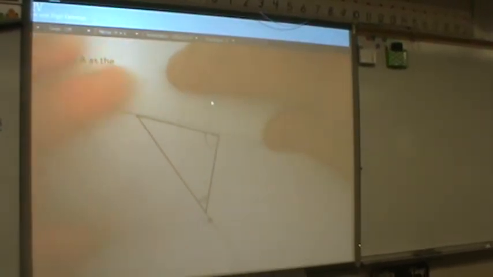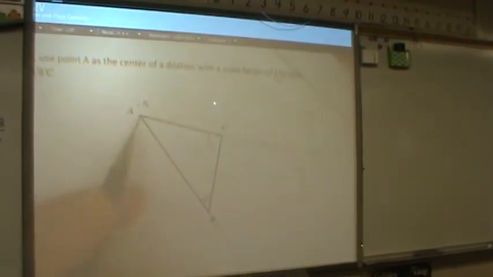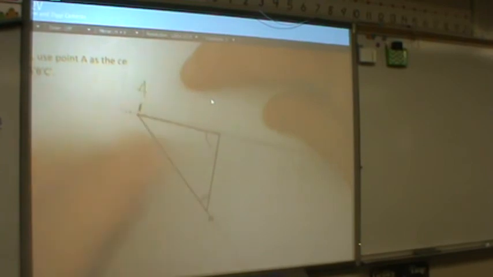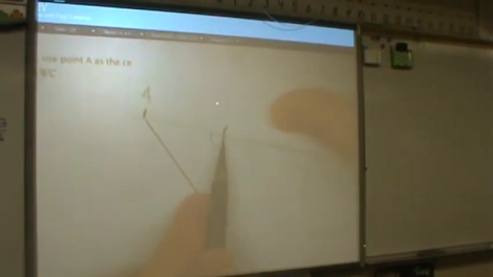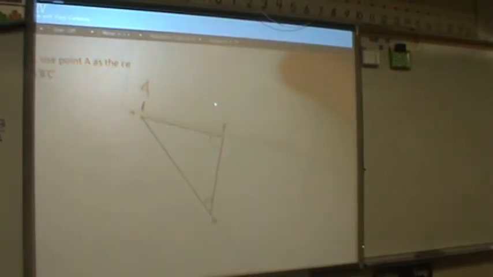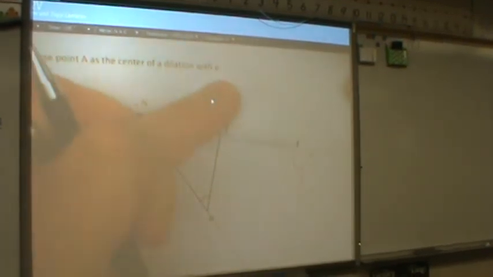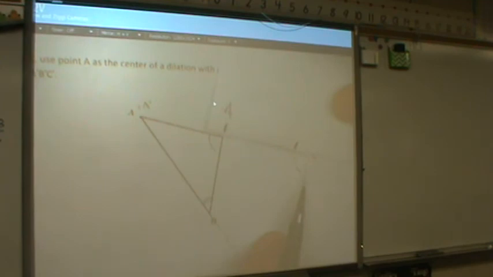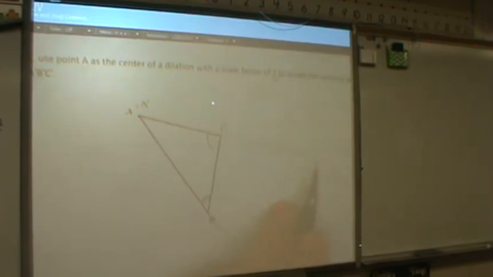Well, we can actually use the other side of my figure here. And since it wants me to dilate at A, there is A, here is C, and it wants me to double that. Well, what's twice that? Gee, I move A to C, and boom, this obviously is a little bit bigger. So there's A prime C prime.